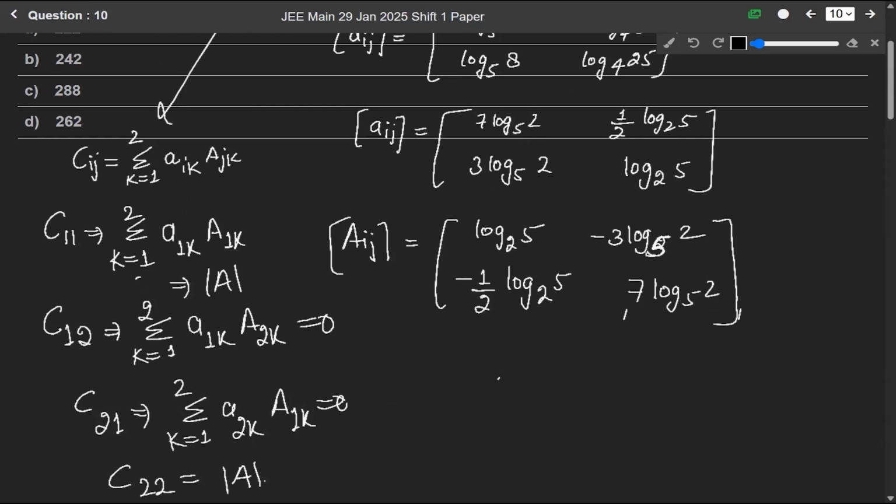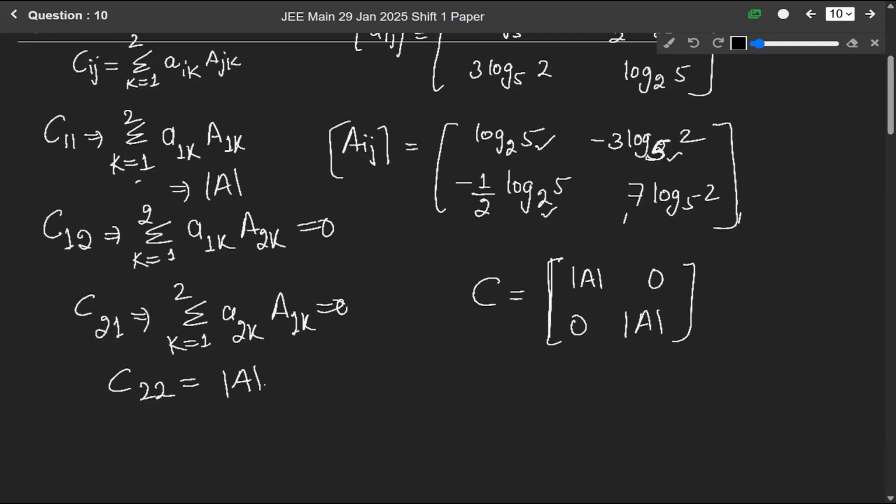So our matrix which will be formed is determinant of A, 0, 0, and determinant of A. Now we have found this Aij, and when we solve it using this condition, we can write C as 11 by 2, 0, 0, and 11 by 2.